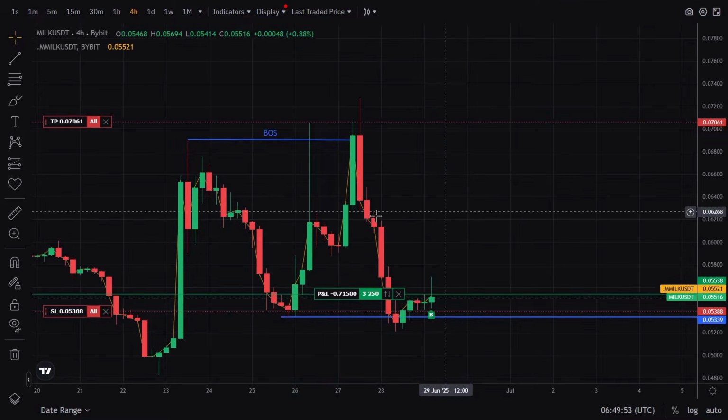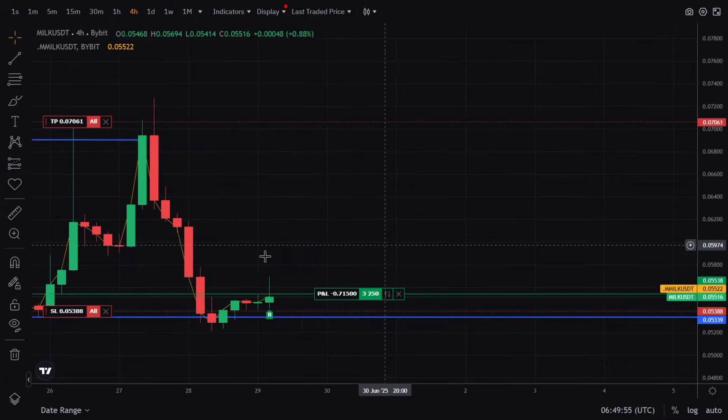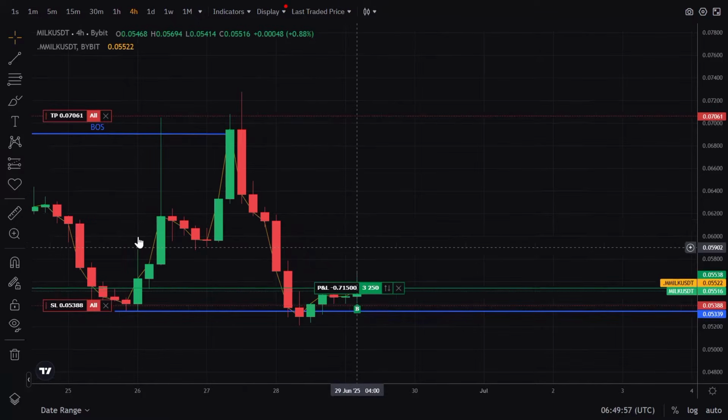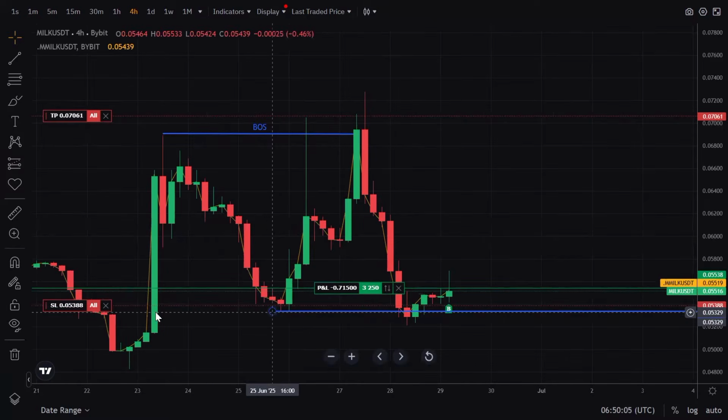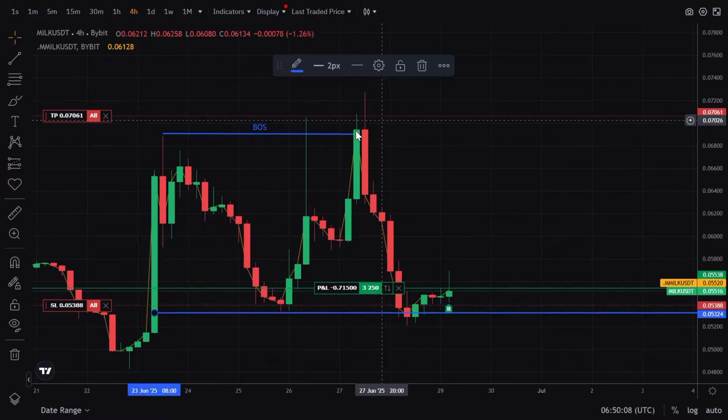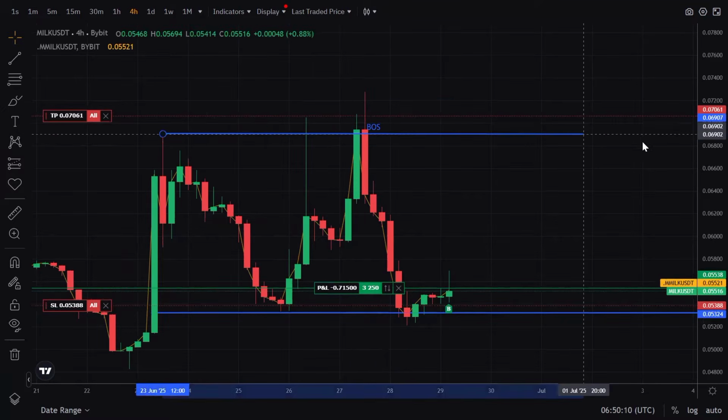I have a break of structure already. The next thing we want to do is, this is our range. I can extend this here, which is perfect, and also extend this here, which is perfect.